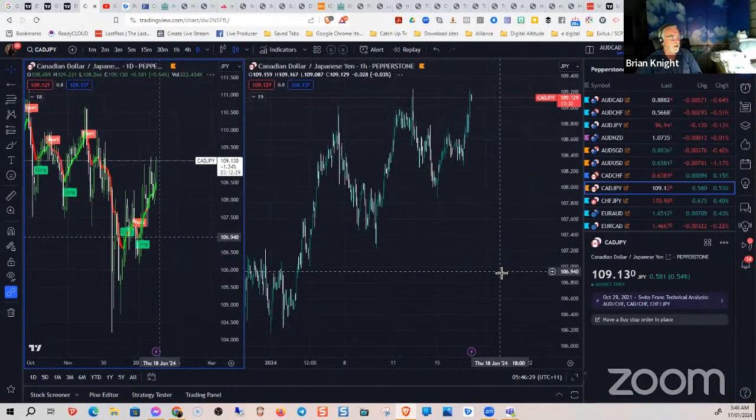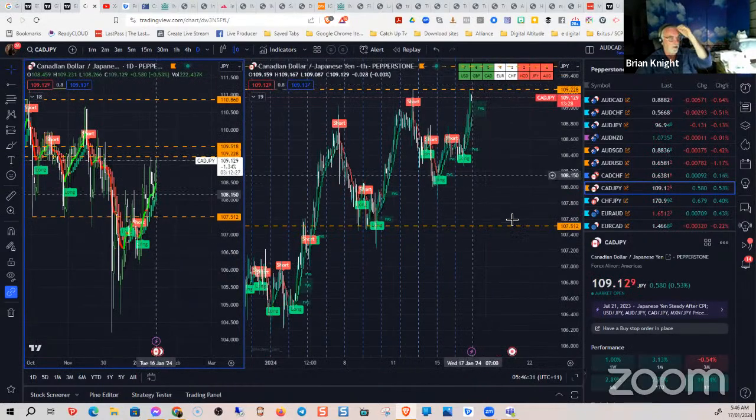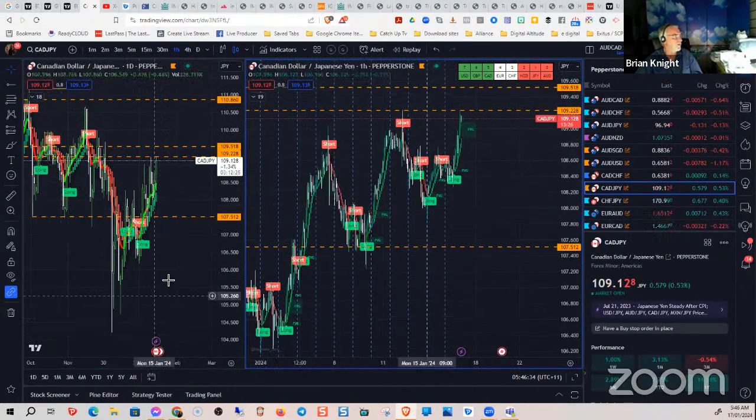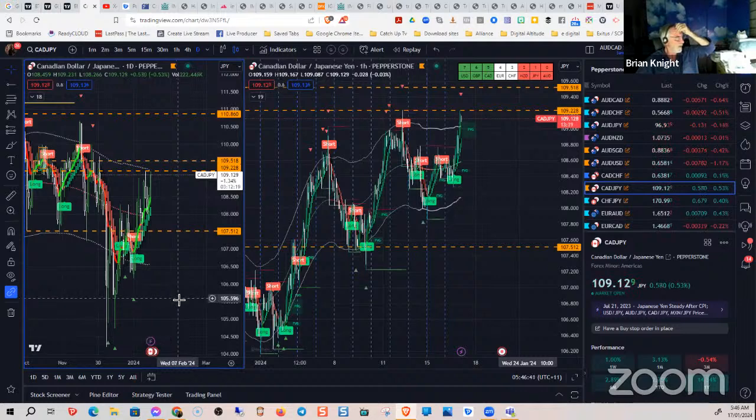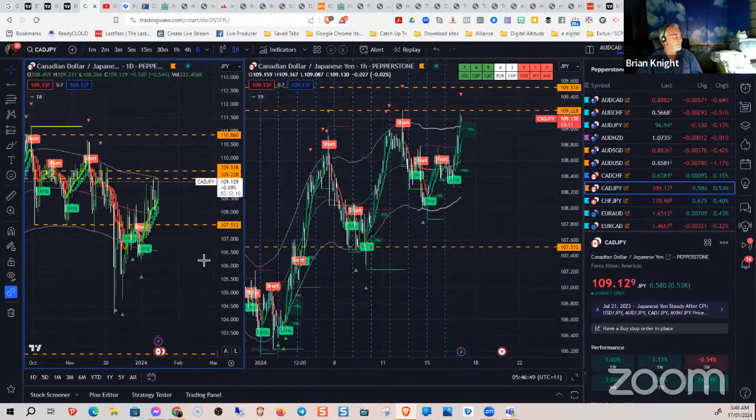Is that sort of strength? Yeah, look at that. The last 24 hours pushed up as well. So this one is, where are we on the daily range? We're nearly out the other side. Yeah, I'm in it.